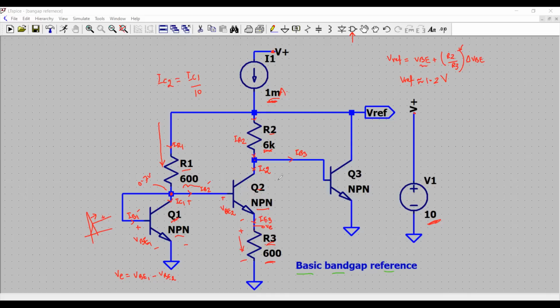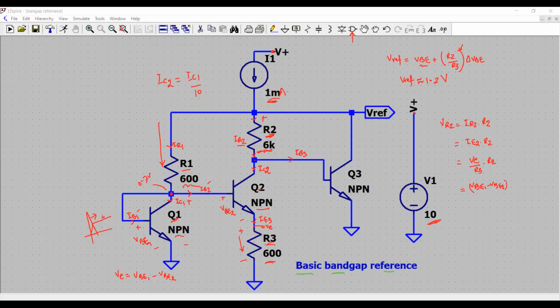Now what is happening here? I have this resistor R2, and the voltage drop across this will be IR2 into R2. Okay, this is the voltage I'm interested in. So let me write here, that is VR2 would be IR2 times R2, and IR2 is my IE2 times R2, and IE2 is my VE divided by R3, into R2, which is equal to VBE1 minus VBE2.